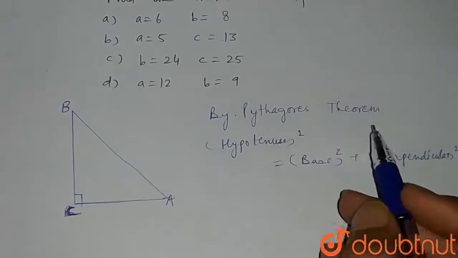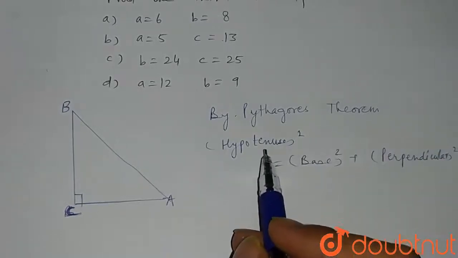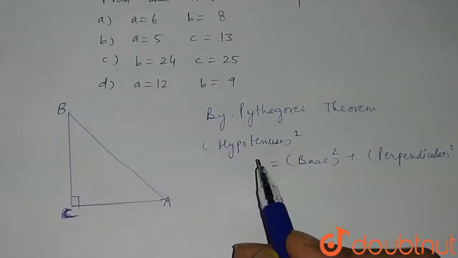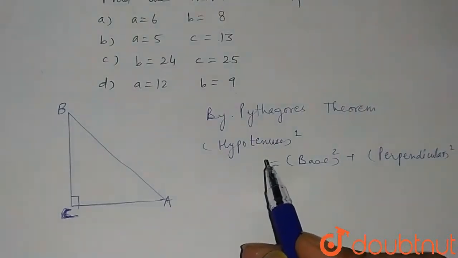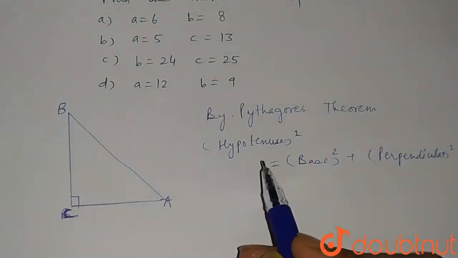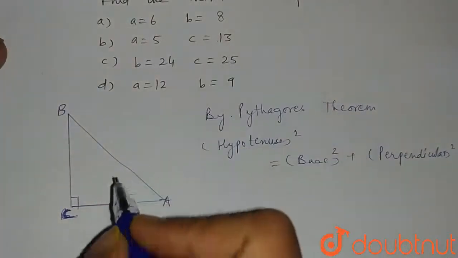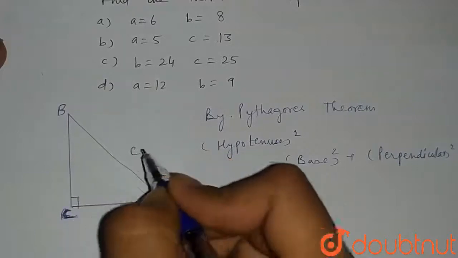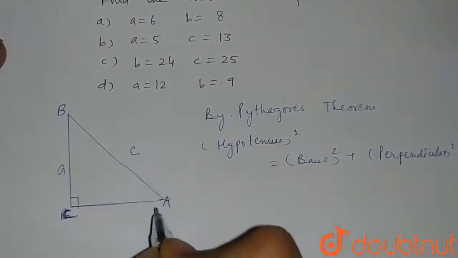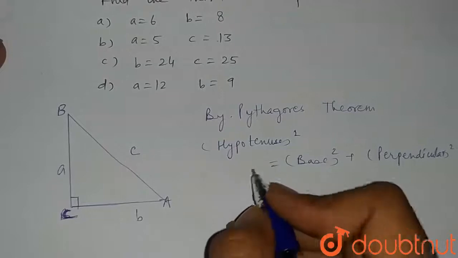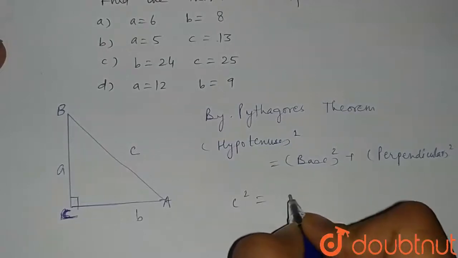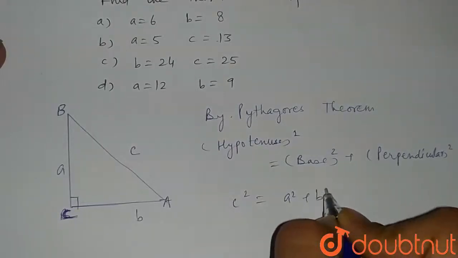The Pythagoras theorem states that the square of the hypotenuse is equal to the sum of squares of the other two sides. So if we see in the first equation, we have the hypotenuse C and the other two sides as A and B. So we can write this equation as C square is equal to A square plus B square.